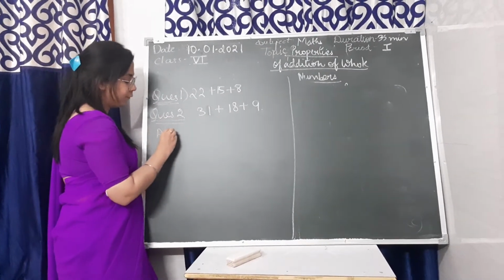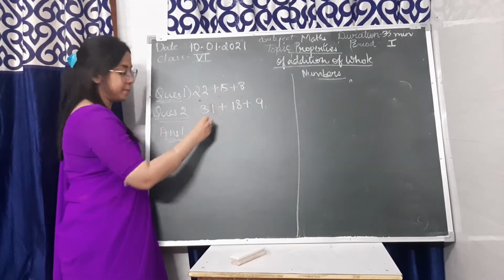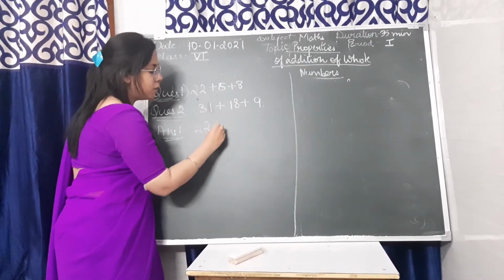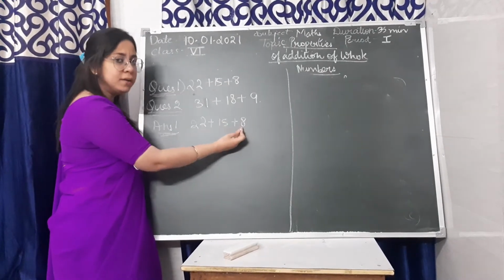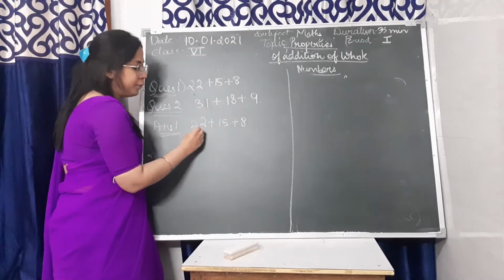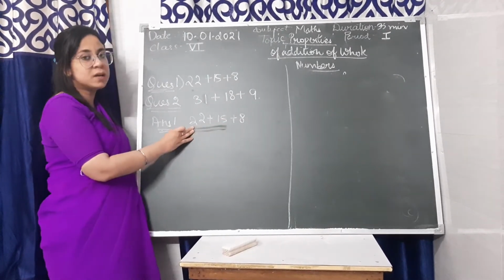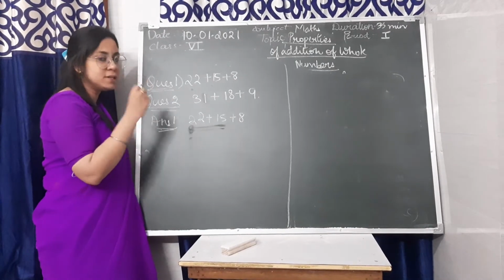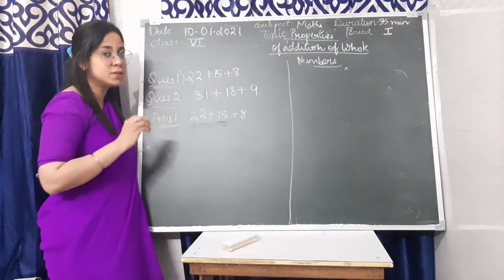If I take the first question, it's 22 plus 15 plus 8. You can easily solve it from left to right, 22, then 15, then 8. But then you have to calculate 22 plus 15. So here is where we can use our properties. First and foremost, the property we are going to use is the commutative property.